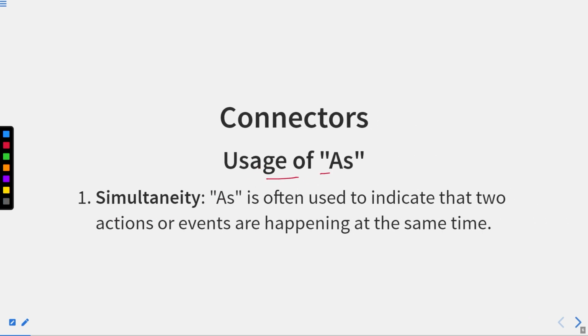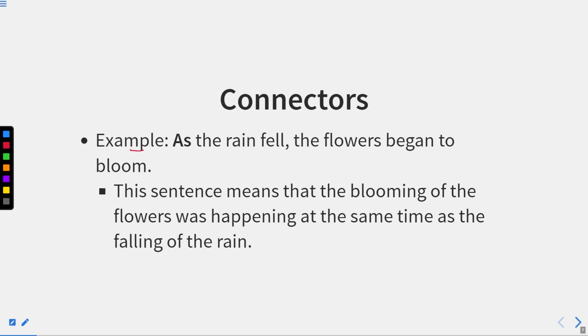Now let us discuss usage of as. First of all, the first use of as is to show simultaneity. As is often used to indicate that two actions or events are happening at the same time. It means both the tasks are occurring simultaneously, or you can say parallelly. Okay, or at the same time. For example, as the rain fell, the flowers began to bloom. So as you can see, as the drops of rain fell on the ground or on the flowers, the flowers began to bloom.